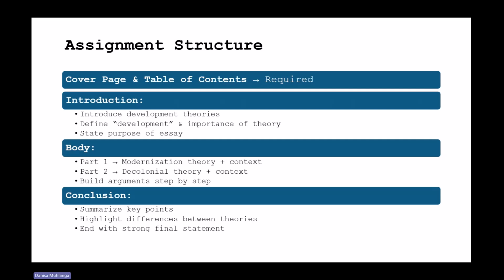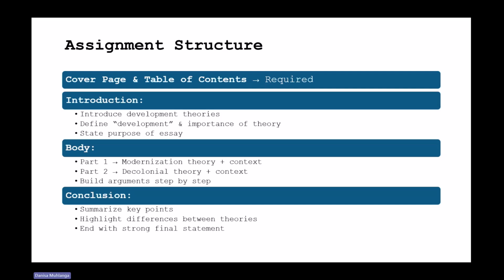Since today we're talking about modernization theory, you're just going to reiterate the core differences between the modernization and the colonial theories. And then you must end your conclusion with a strong and final statement that provides a definitive answer or concluding thought. So no new points.